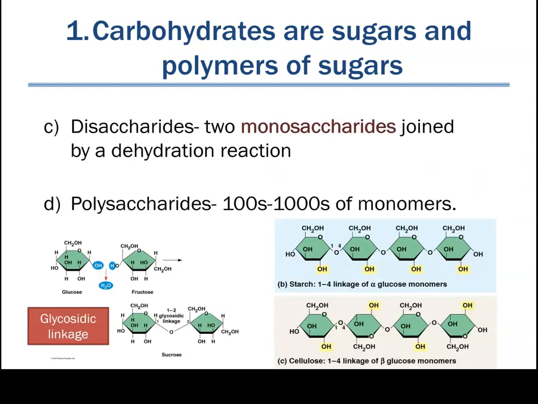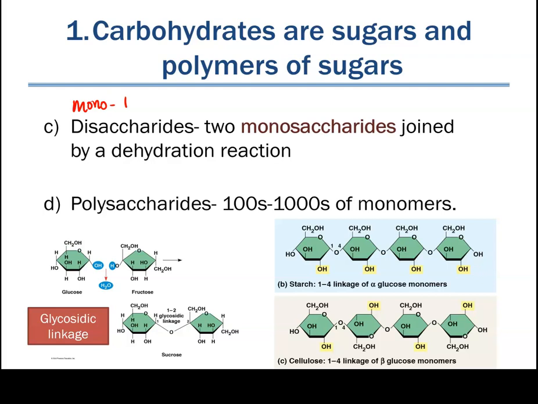One step up from a monosaccharide, so one step up from one is two, a disaccharide. A disaccharide is two monosaccharides that are joined together. In the last video, I said that monomers can be joined together by a dehydration reaction.